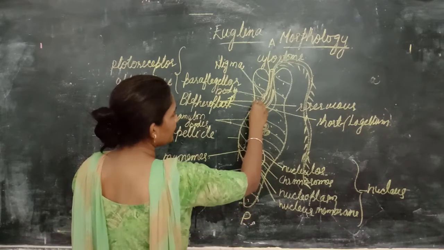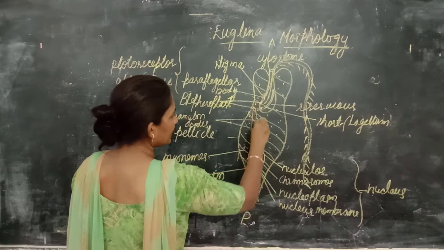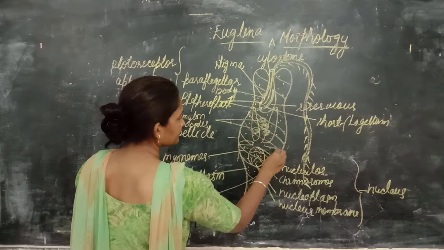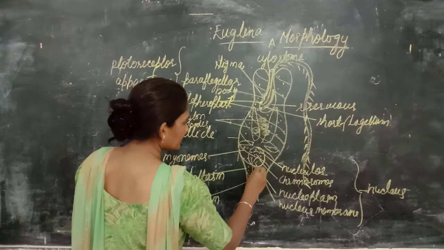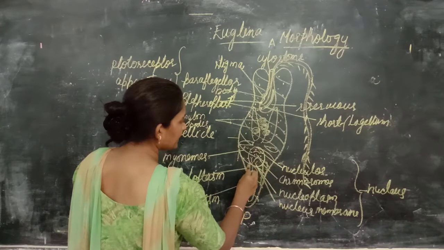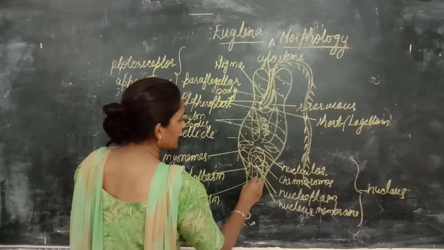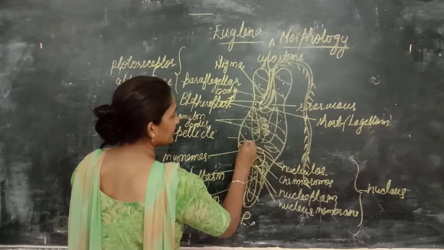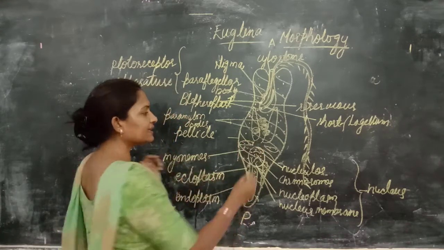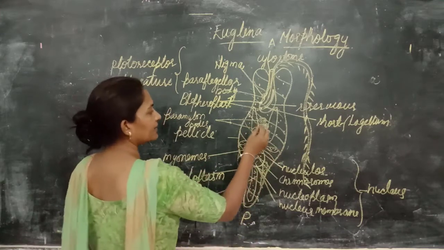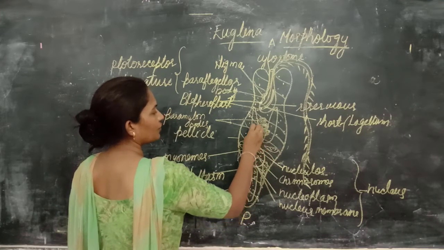And now one most important thing: these star-shaped bodies are the chloroplasts. We all know that Euglena is green in color. So this green color comes from the chloroplast which contains the pigment chlorophyll.